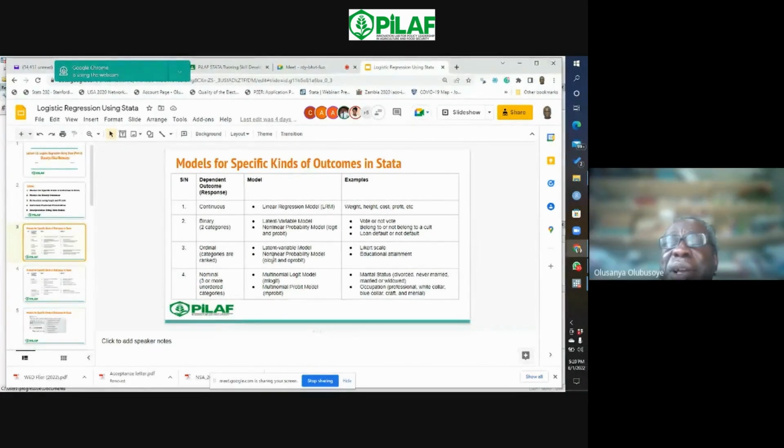Continuous, always remember that they are measured. And if they are measured, it means they can take decimal values. So they are like amount you spend, expenditure, for instance, like distance, like speed. Anything that is measured is regarded as continuous. They are measured on a continuous scale. But count, no, you are merely counting.